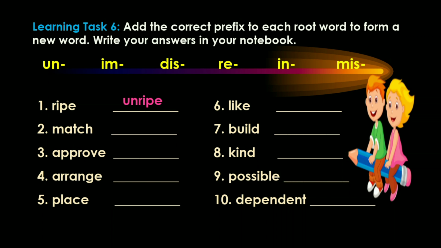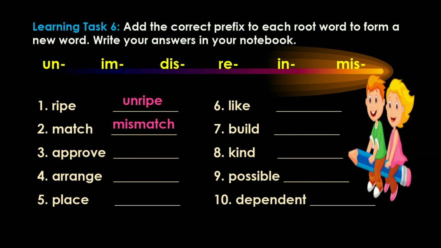Match. It could be mismatch. When we say mismatch, kids, it's a failure to correspond or there's a discrepancy that is mismatch. We could also say rematch because when we say rematch, it's a second match or game between two teams or players.